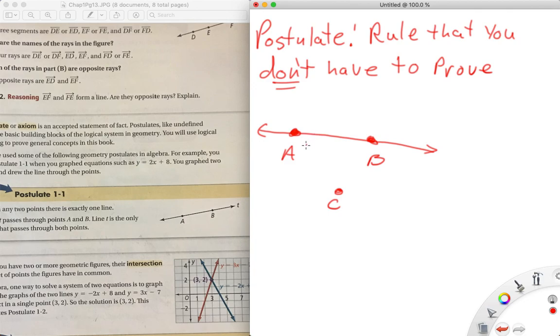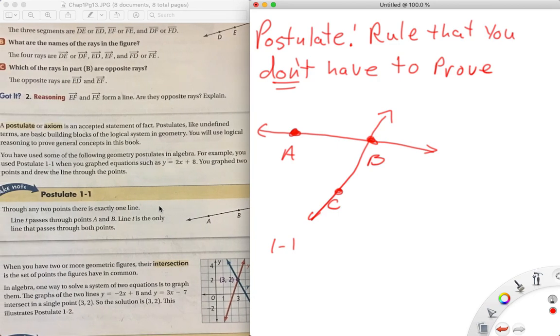Through any 2 points, there's exactly one line. And then we have point B and point C, and again, exactly one line goes through these 2 points. That is postulate 1-1. Through any 2 points, there's exactly one line.